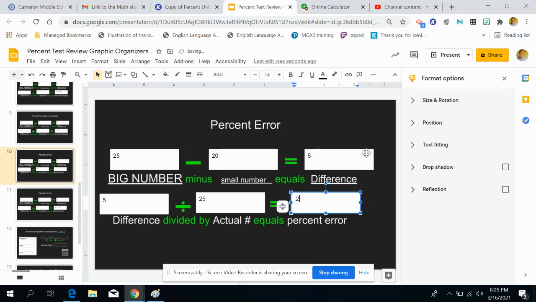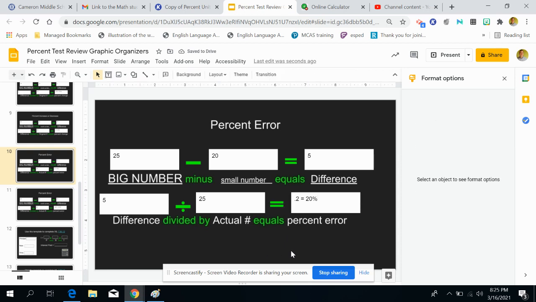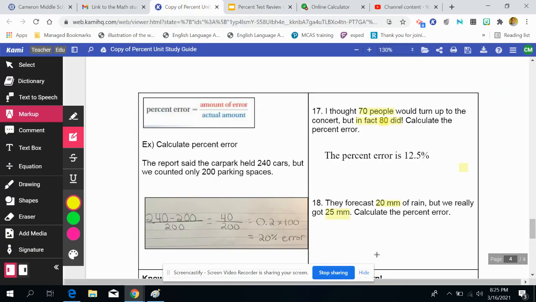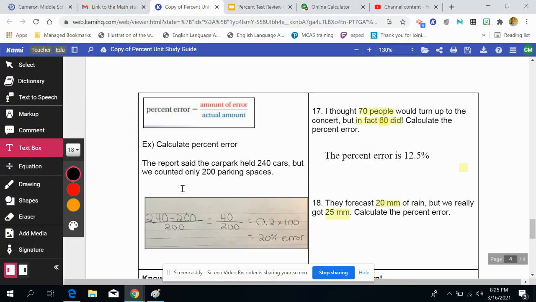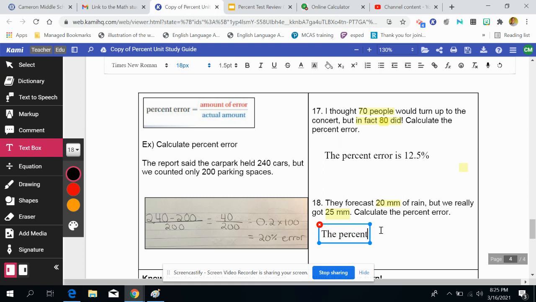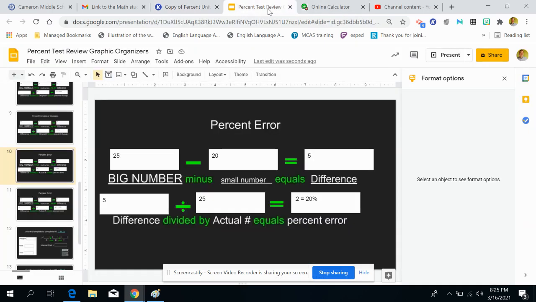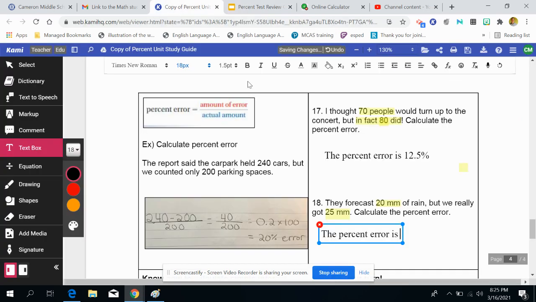We know we have to convert 0.2 to a percent by moving the decimal 2 spaces to the right. When I do that, I get 20%. So my percent error is 20%. I'm going to go back to the study guide, and the percent error is 20%.